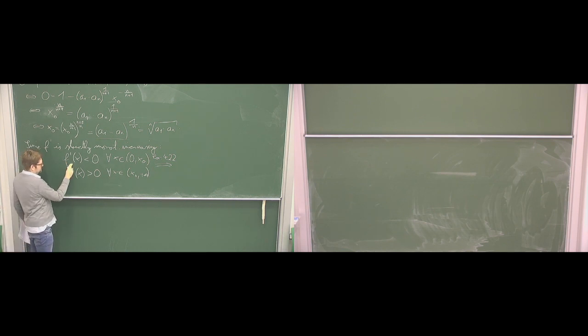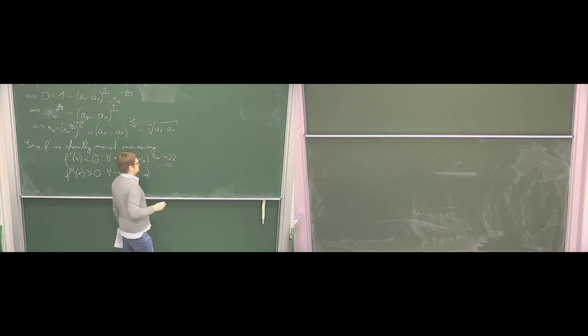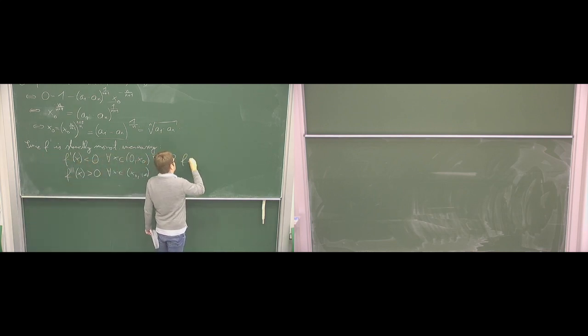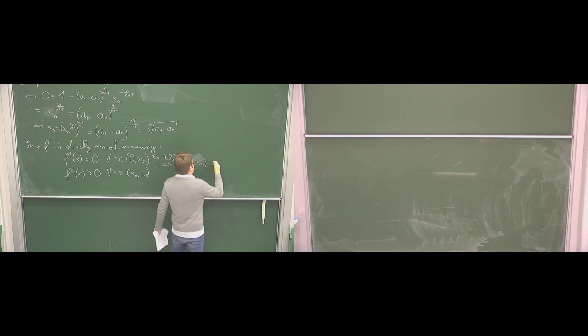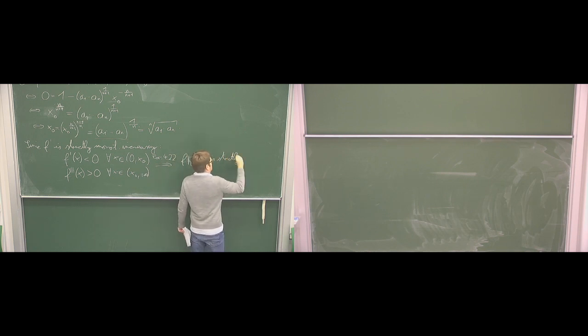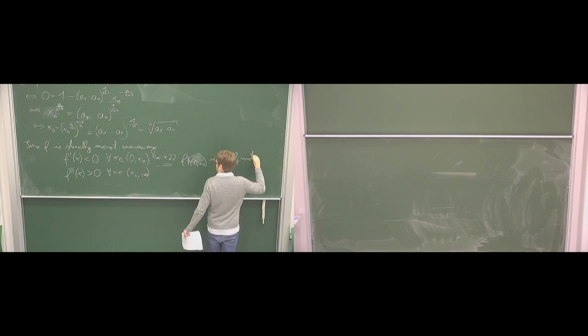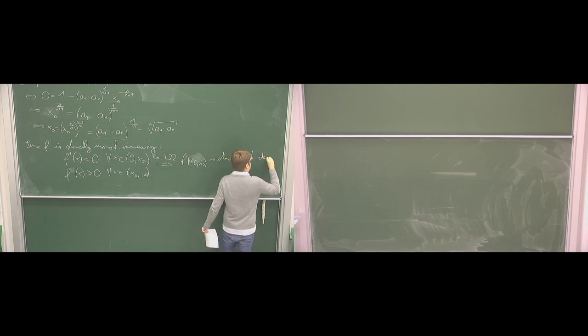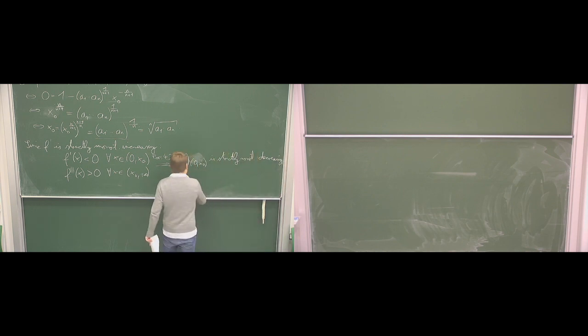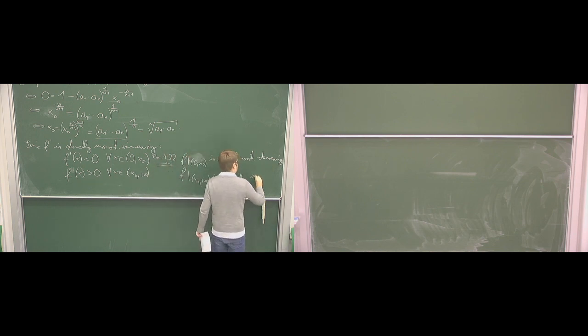Namely, this tells us that the restriction of f to this interval here is strictly monotonically decreasing. And f restricted to the other interval x0 to plus infinity is strictly monotonically increasing.